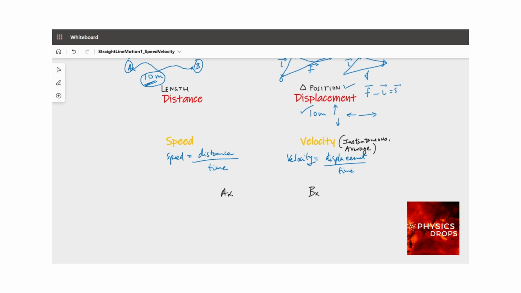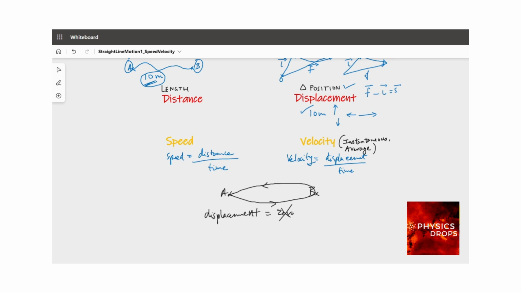Now, if I go from point A to point B in this direction, and then I come back this way, has my displacement or position changed? No. So we can say that the displacement is zero.